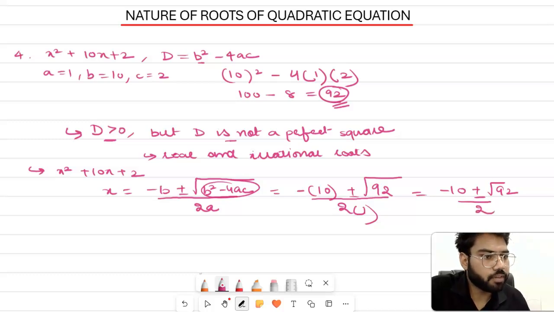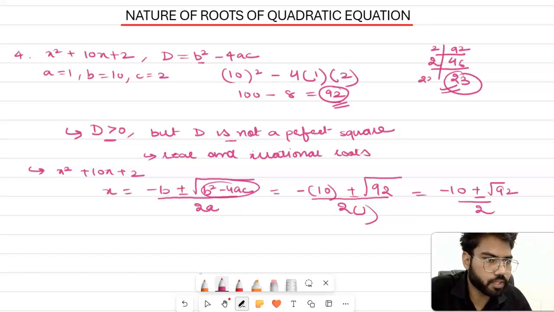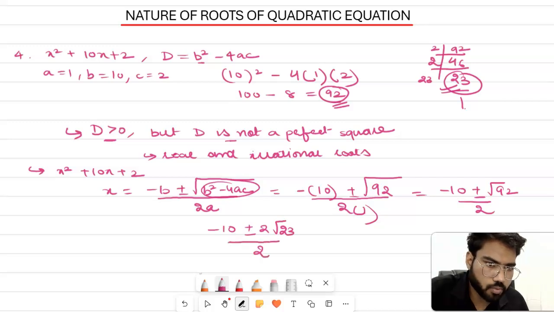Now we will try to prime factorize the 92. So 2 into 46, and 46 is 2 into 23. And we know that 23 cannot be further factorized because it is a prime number. So now it can be written as minus 10 plus minus 2 under root 23 upon 2. Now taking 2 common in numerator, 2 into minus 5 plus minus under root 23 upon 2.